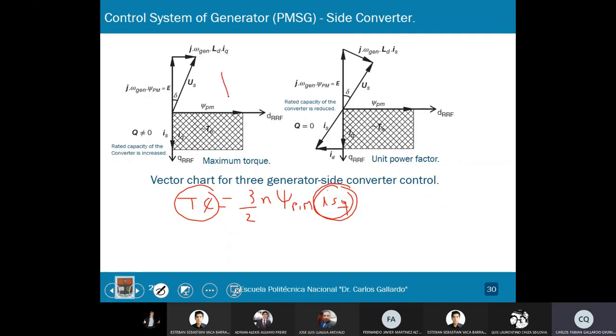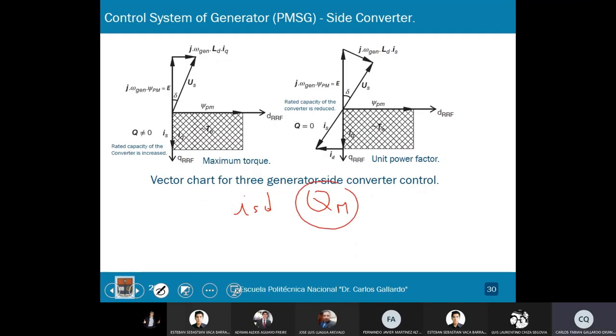The second one is operating with unit power factor. For this case, the stator current on the D axis is controlled to adjust the reactive power of the machine required for the generator. Pay attention to this part.